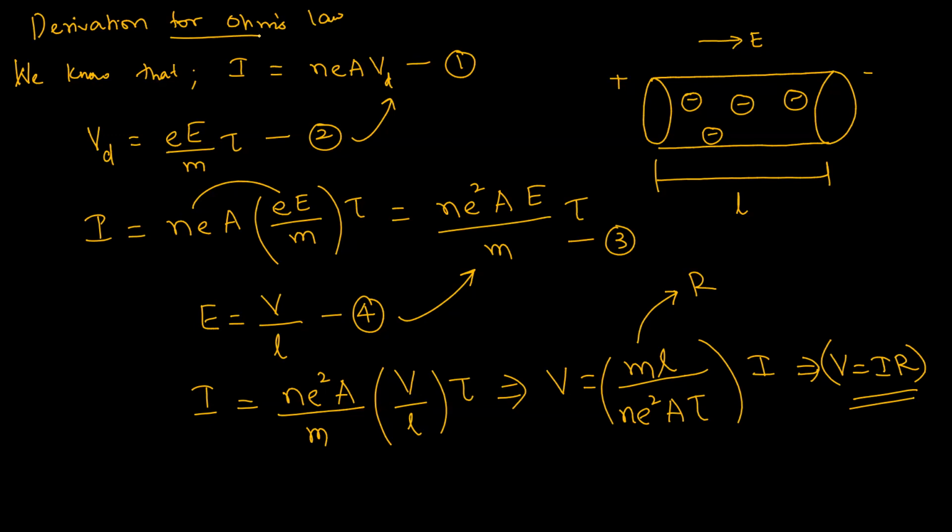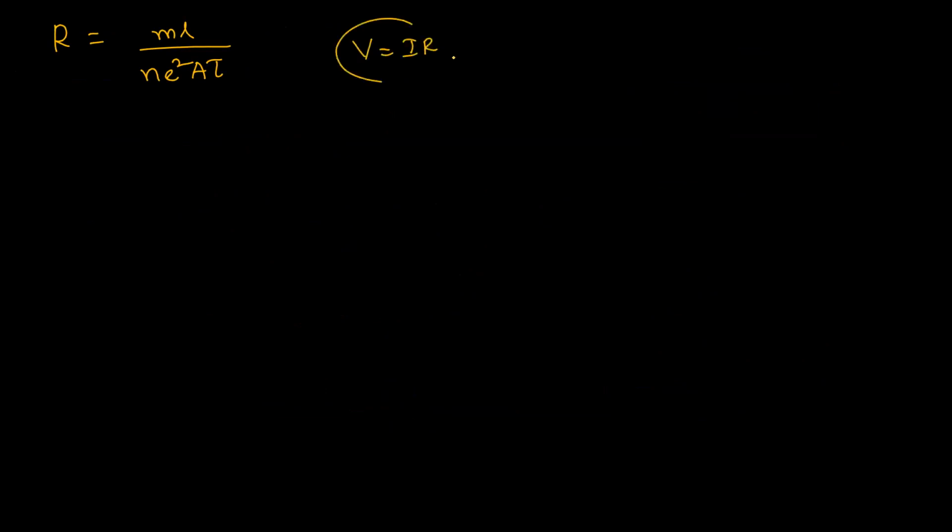Listen. Now, we understood that R is equal to m into L divided by n e square A into tau, and the expression that we wrote is V is equal to I into R. Now, if you recollect the statement for Ohm's law, it says when the temperature of the system is constant, the current going through the conductor is directly proportional to the potential difference.